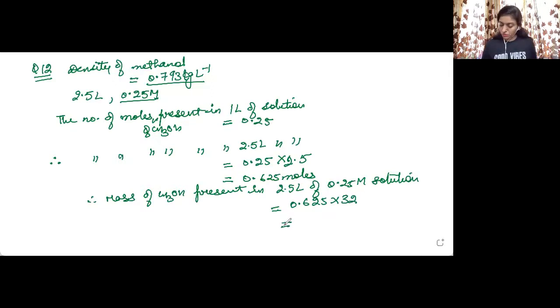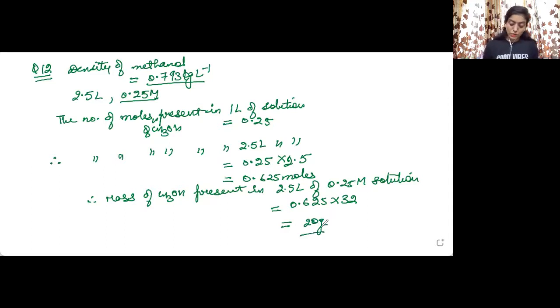Using my calculator, it comes out to be 20 gram. So this is the mass of methanol present in 2.5 liter of 0.25 molar solution of methanol.